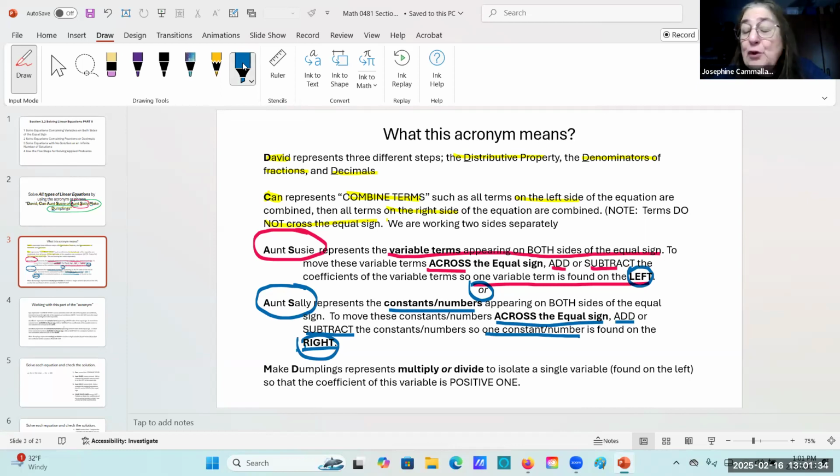Now, some of you may differ with me and want the variables on the right and the numbers on the left. Well, that's still okay. But you're going to find that sometimes by putting the variables on the right and the numbers on the left, you're going to have a negative coefficient for the variables.